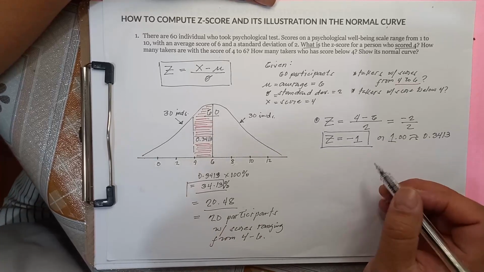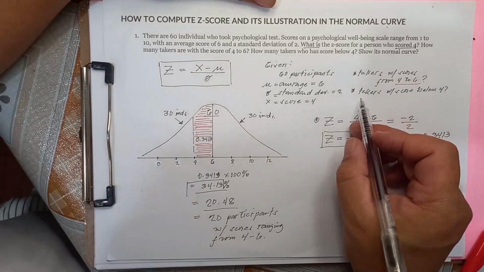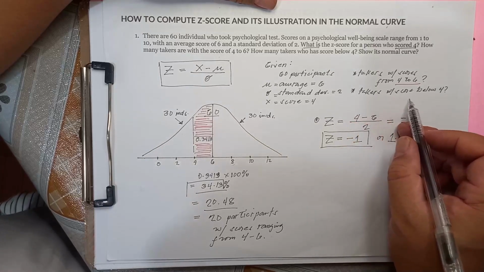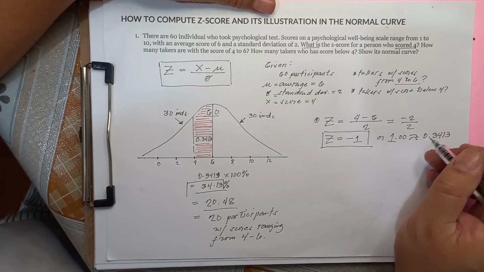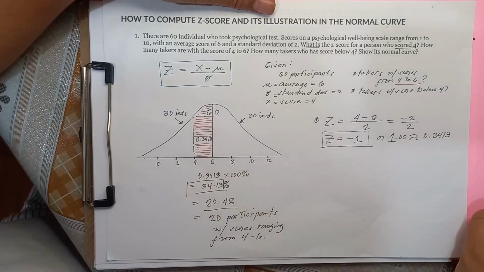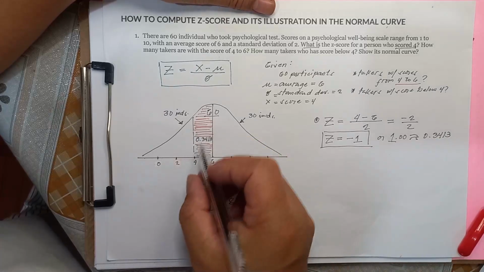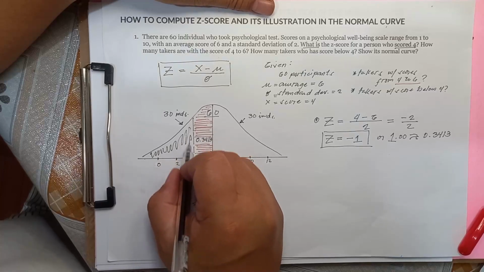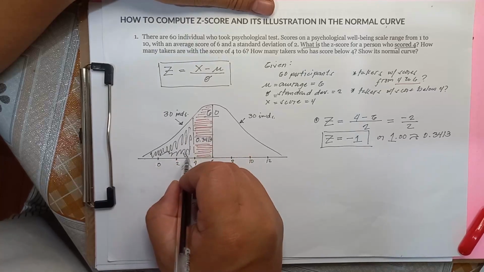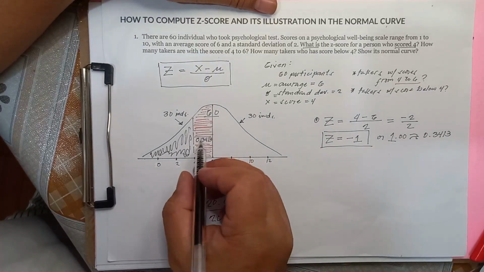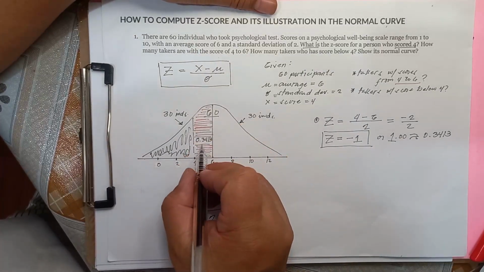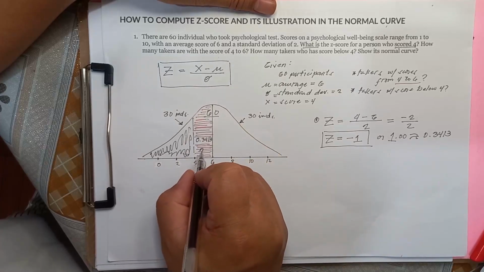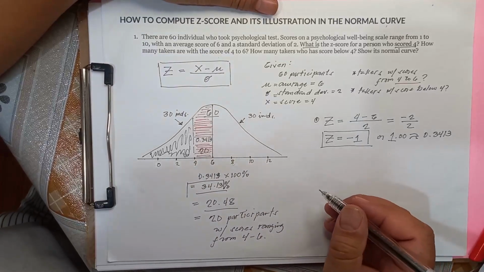What about if we are talking of the number of takers below? We have to understand that the location of these people is in here, below 4. Remember that in this part of the graph, from 4 to 6, there are 20 participants.